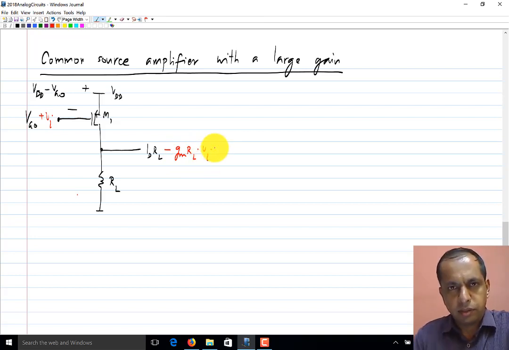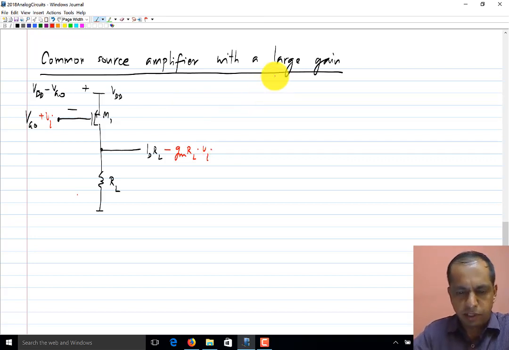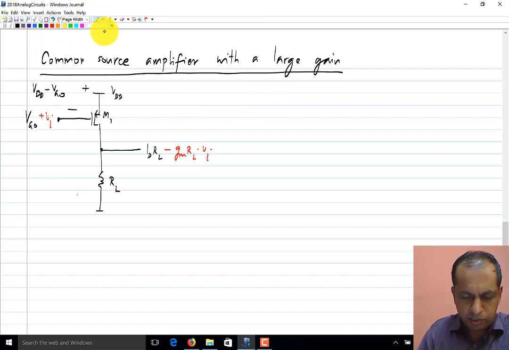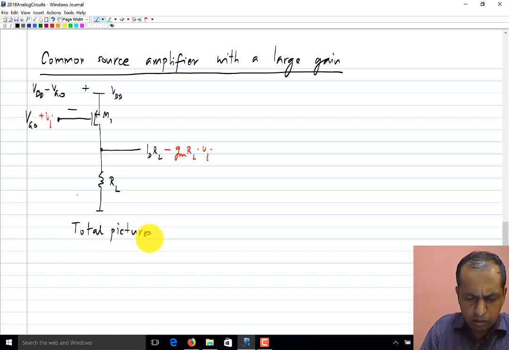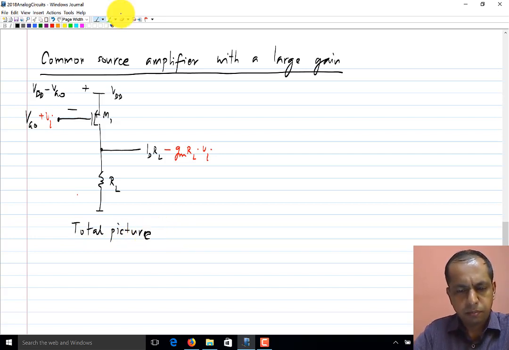Now let me draw the operating point and the incremental pictures separately. So this is the total picture.